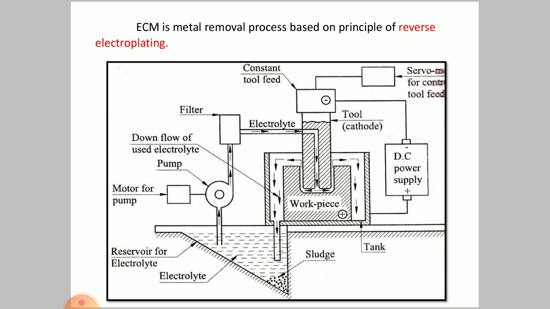Here the workpiece is made anodic, and a servo control is provided to maintain the gap between the workpiece and the tool. We do not let them come in contact with each other. We are maintaining a gap of approximately 0.25 mm between the cathode, that is the tool, and the workpiece.